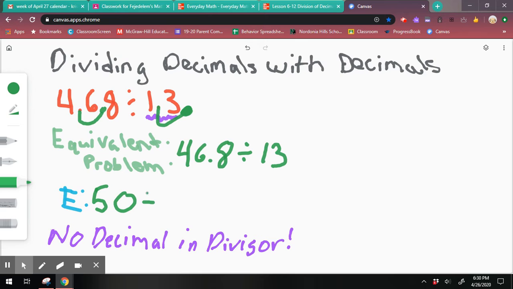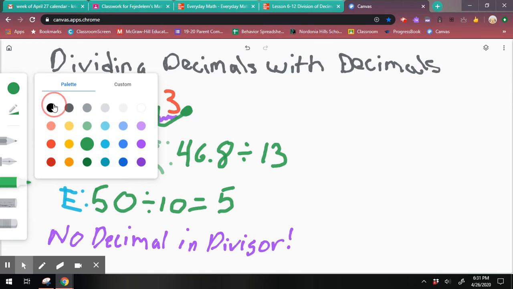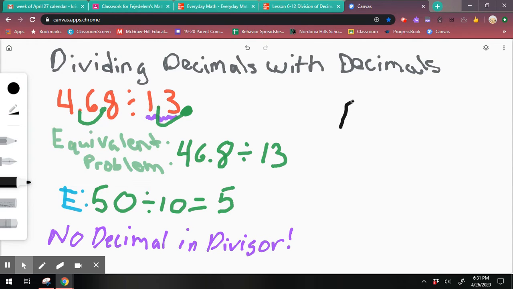And 13, we could say that's pretty close to 10, because 50 divided by 10 divides evenly to get us 5. Then just like yesterday, we can divide it out: 46 and 8/10 divided by 13.